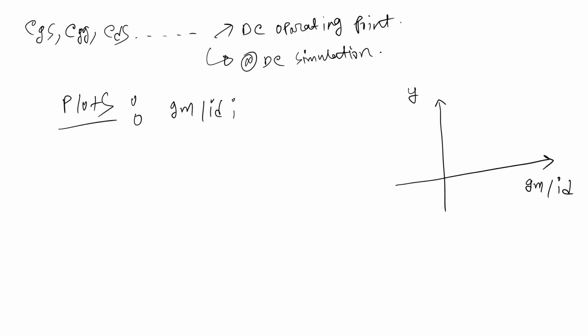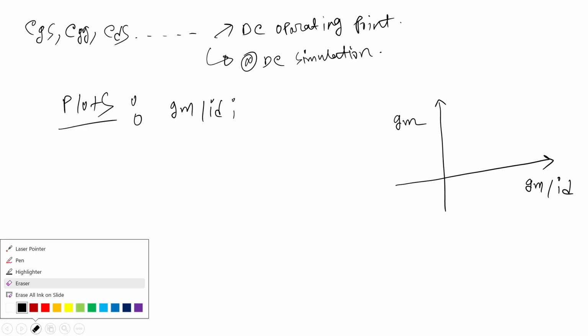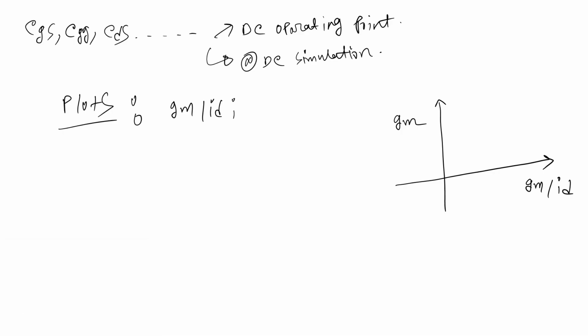It may be, for example, GM. In that case, this is GM versus GM over ID.